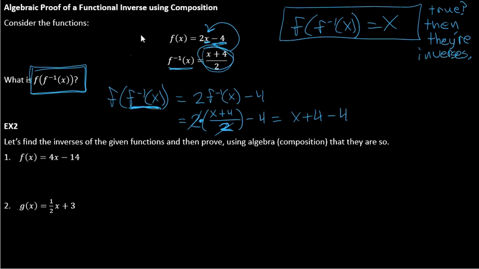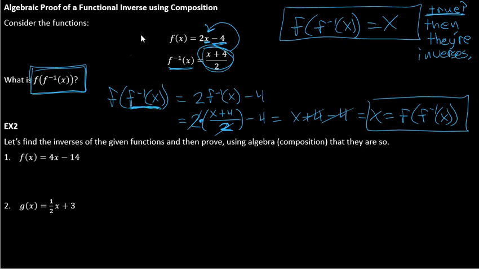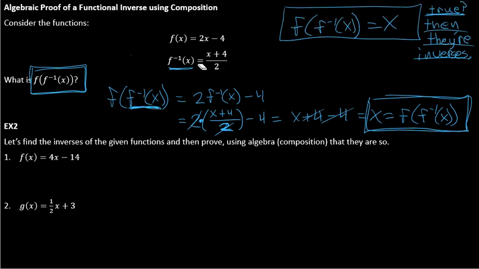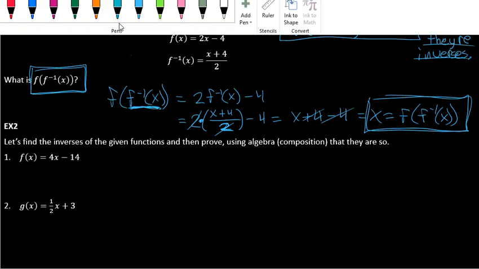Plus 4 minus 4 is just going to give me 0, and I'm left with x, meaning that f of f inverse of x is equal to x. If it's true, then they're inverses, and clearly we see that it is true. So these two functions, f and f to the minus 1, are in fact inverses.